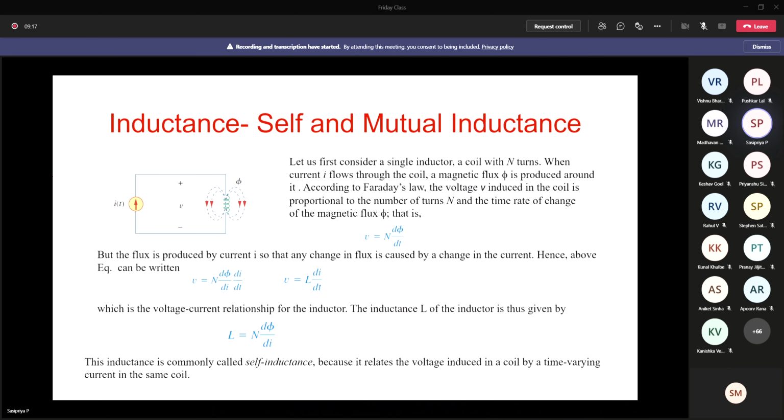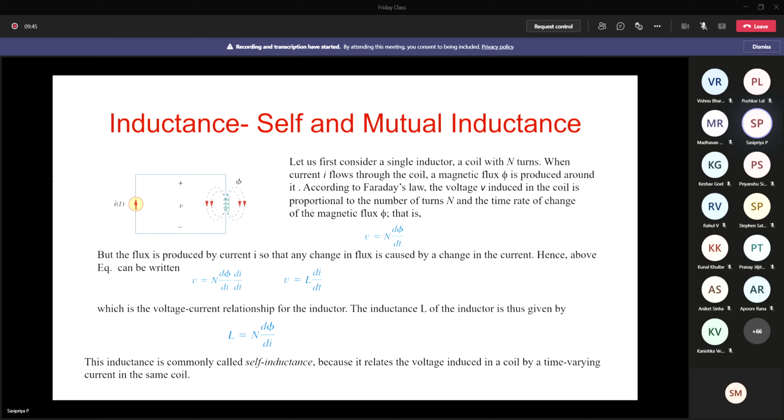First let's consider a very simple circuit consisting of only one inductor. The inductor is connected to a battery, so because of the supply there is going to be a change in current, and a current flowing through this inductor.